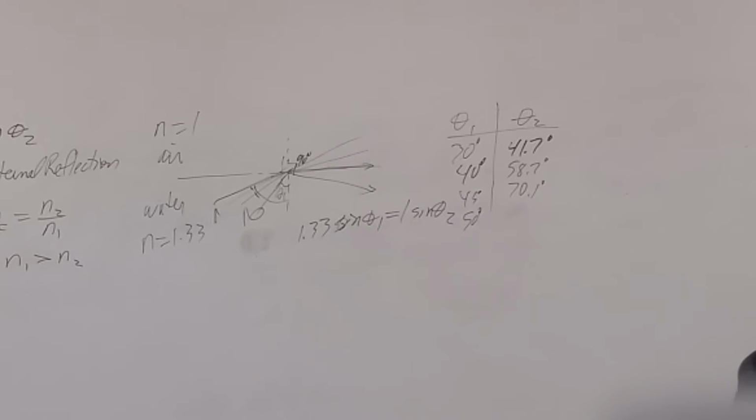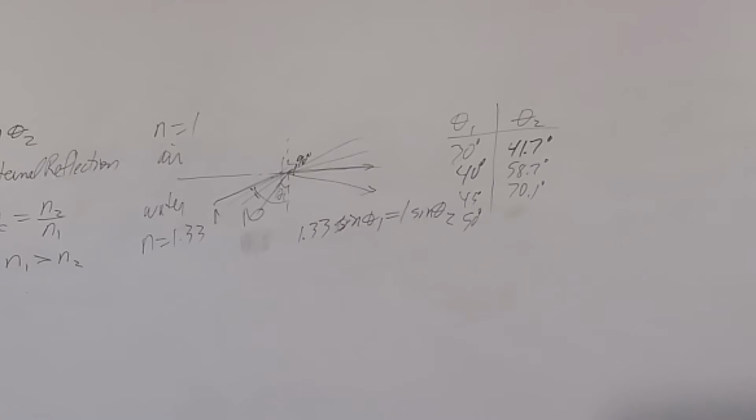Anything bigger than the critical angle, there's no refraction, it's all reflection. If it's less than the critical angle, you do have refraction. If it's at the critical angle, there's refraction, but at 90 degrees, so it's right along the surface.